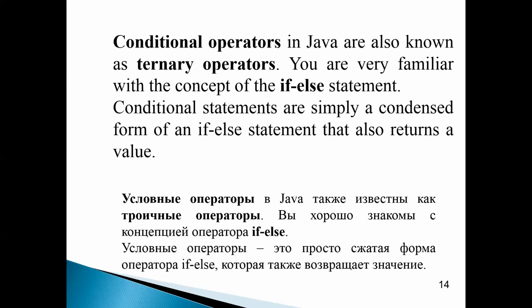Conditional operators in Java are also known as ternary operators. You are very familiar with the concept of the if-else statement. Conditional statements are simply a condensed form of an if-else statement that also returns a value.